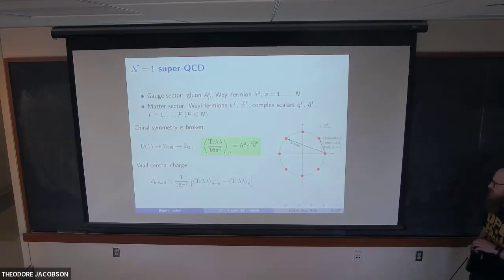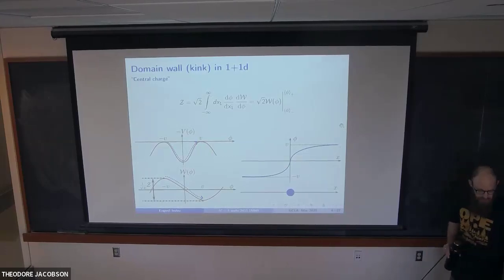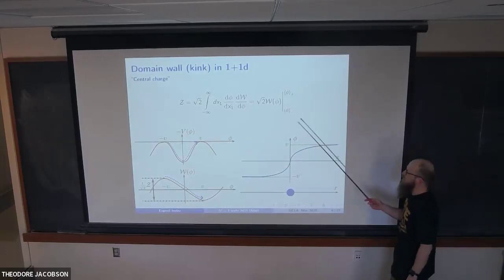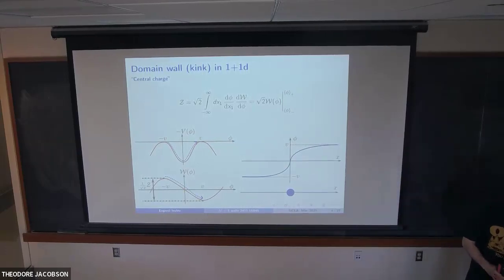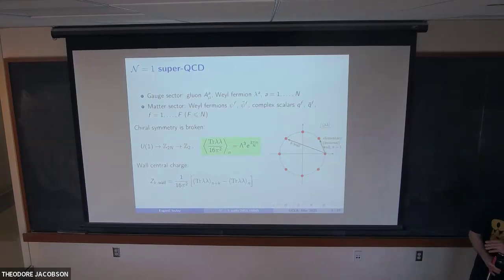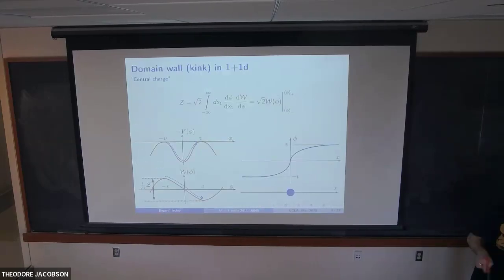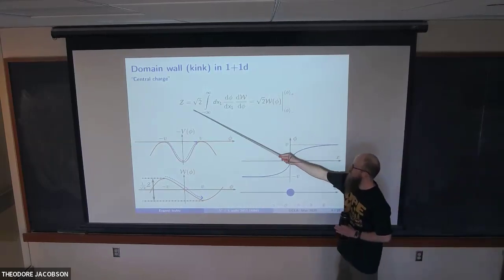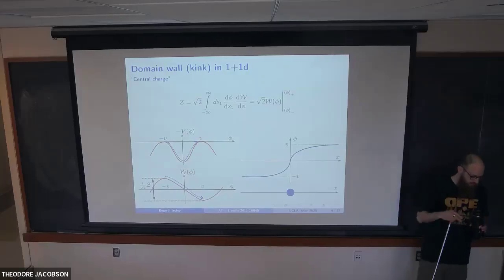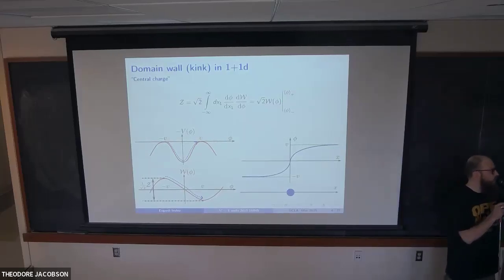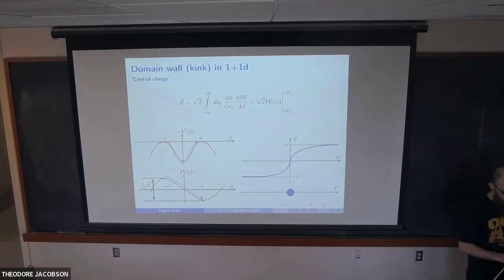If you don't, just believe me that in supersymmetry, roughly speaking, the formula for the energy that we got here, that the energy of the configuration is the absolute value of the superpotential, stays exact. Well, at least it's going to stay exact in the example that I'm going to consider here. And this quantity Z, which is the difference of the superpotential between two values of the minimum, is called the central charge.